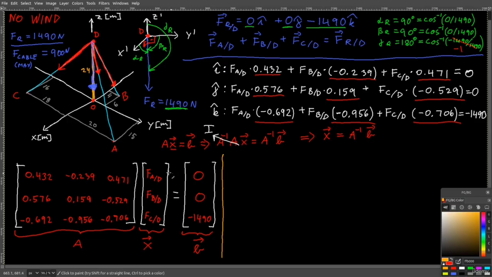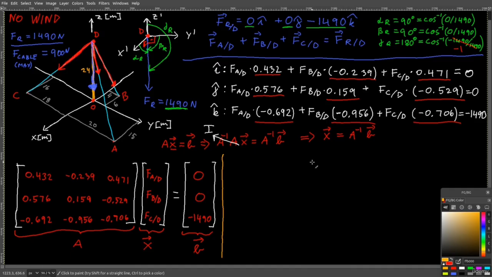Now, in order to find the inverse of a matrix, you can either use the techniques from linear algebra, or you can do what I do. I usually just go on Google, and then I write something like inverse matrix calculator, and then you will find some kind of web page in which you can insert your 3x3 matrix, and then it will give you this inverse matrix back.